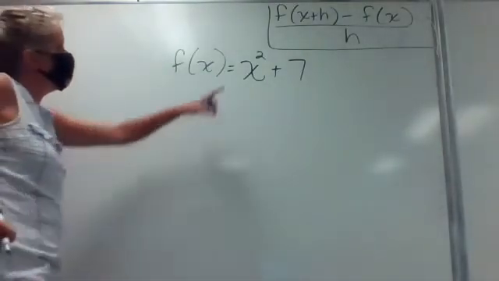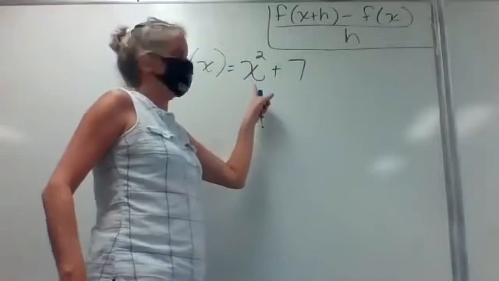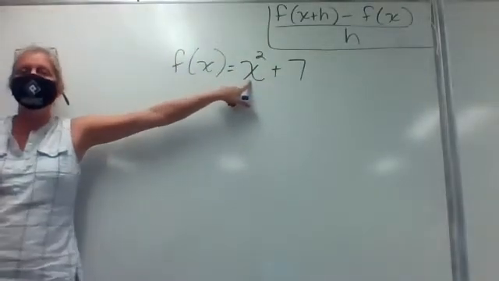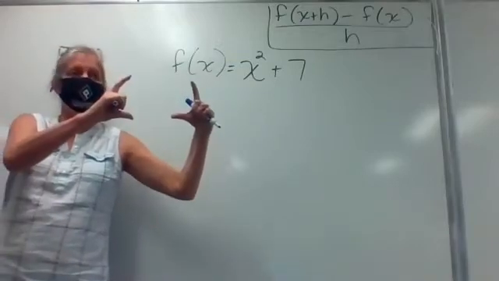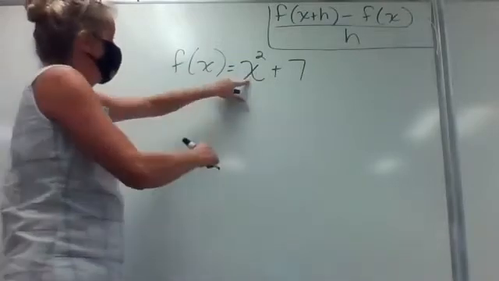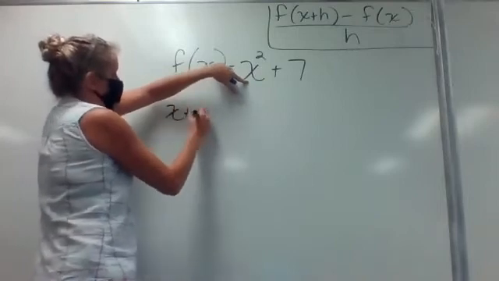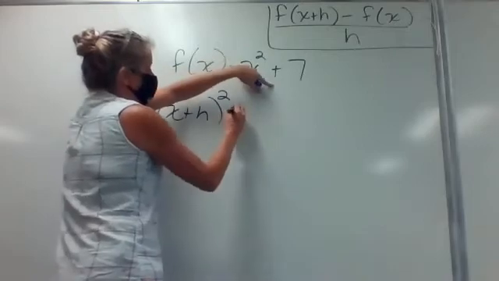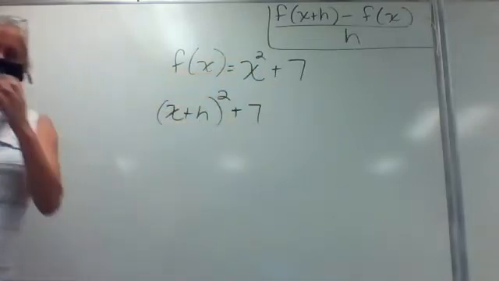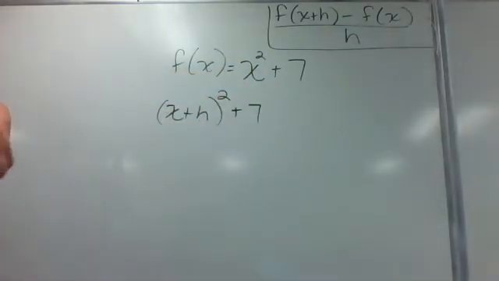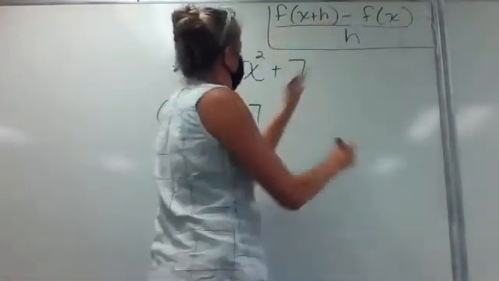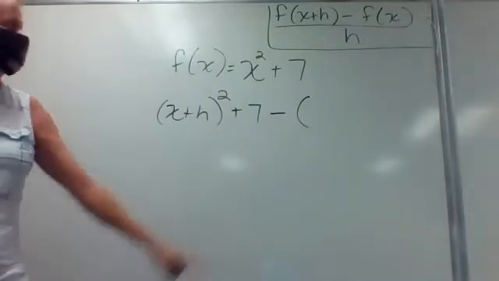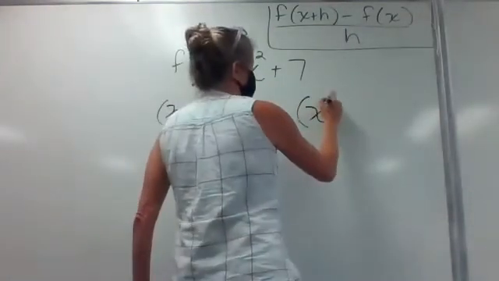So, write the function. Instead of this x squared, I'm going to have x plus h squared. And I'm replacing that x with x plus h squared plus 7. So there's the first part. Now I will minus in parentheses the whole function, x squared plus 7.